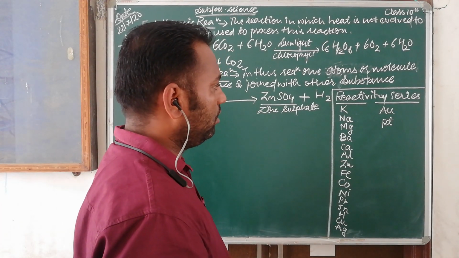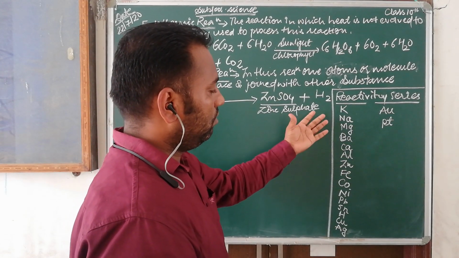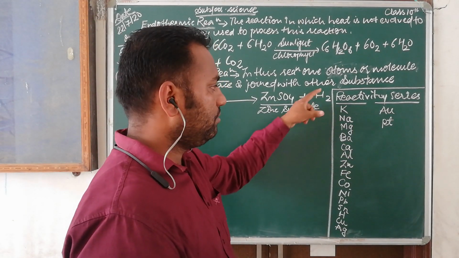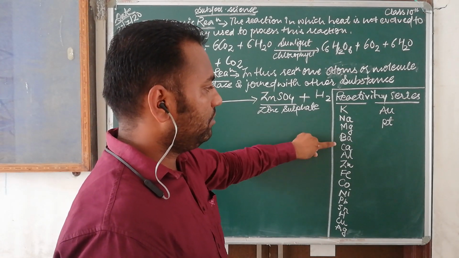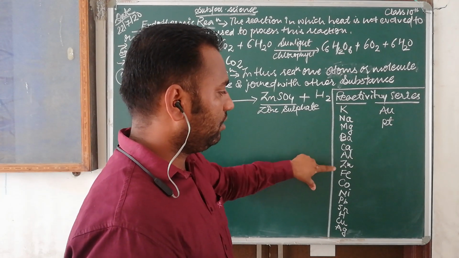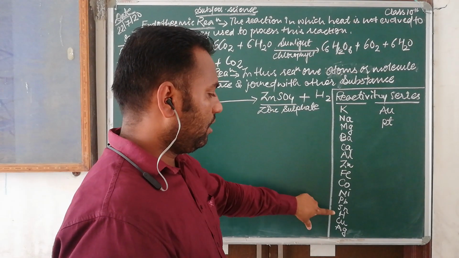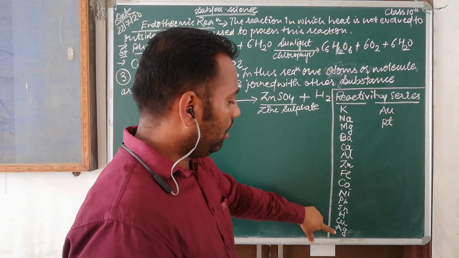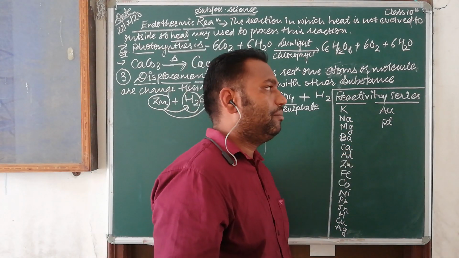So this is the reactivity series: K for potassium, sodium, magnesium, barium, calcium, aluminum, zinc, iron, cobalt, nickel, lead, tin, hydrogen, copper, Ag means silver, Au means gold, and platinum.